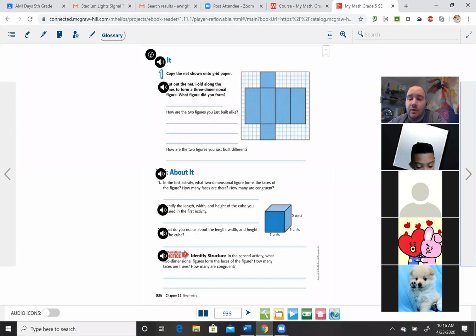So do you want to look at the net above or the cube? It doesn't matter. Okay, let's look at this net up here since it's all folded out. How many individual shapes do you see? 6. So each one of those is a face. This square is a face, this square is a face, and then each rectangle is a face.